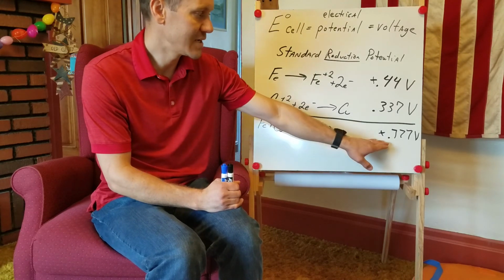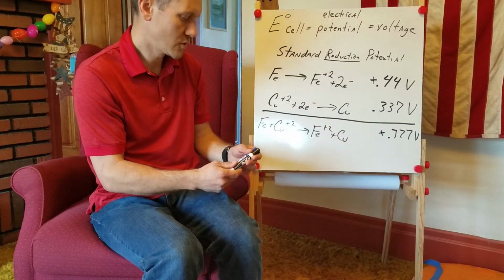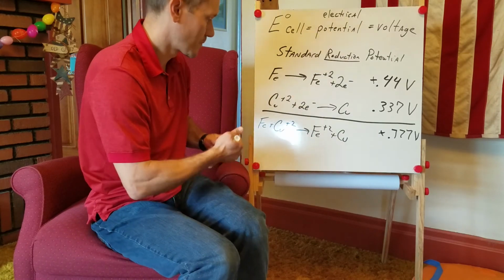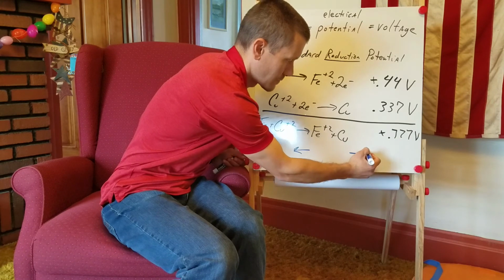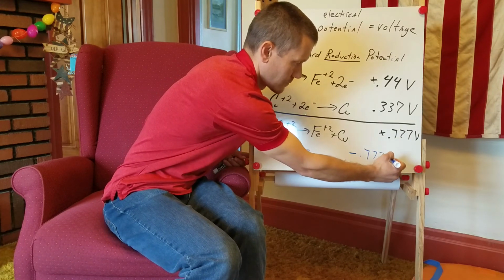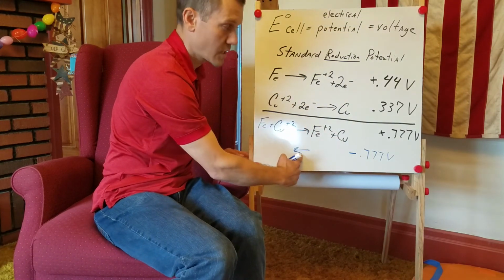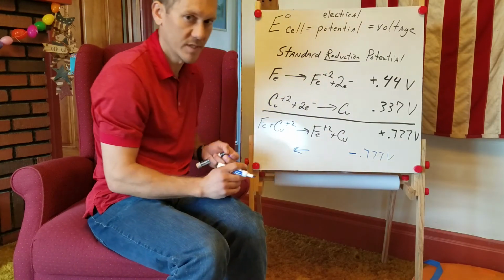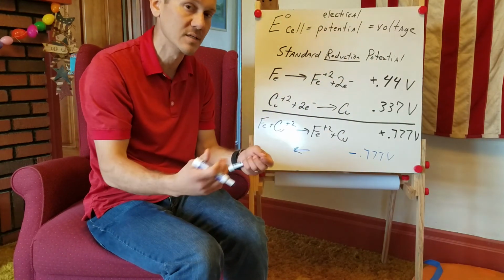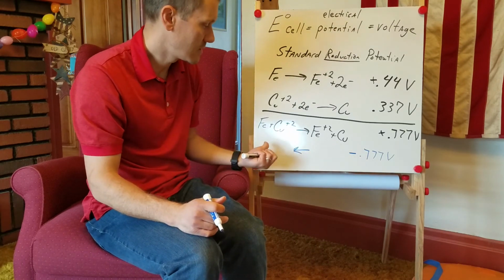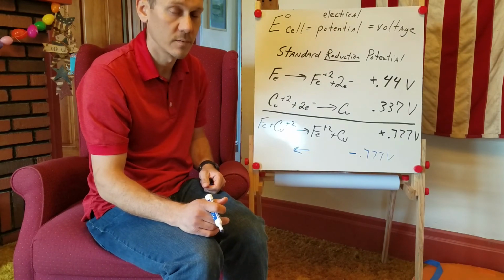If this is a negative value, so if we were to do the reverse reaction, the reverse reaction would have a negative cell potential, which means that's how much electricity you would have to put into the system to get the reverse reaction to happen.